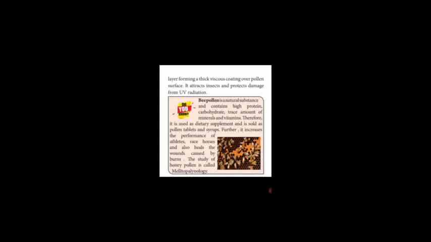These tablets and syrups are used by athletes and race horses, and bee pollen is also used to heal wounds caused by burns. The study of honey pollen is named melittopalynology. Generally, palynology means the study of pollen grains. Here we are going to study the honey pollen. So the study of honey pollen is named melittopalynology.